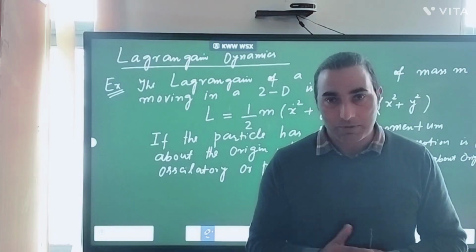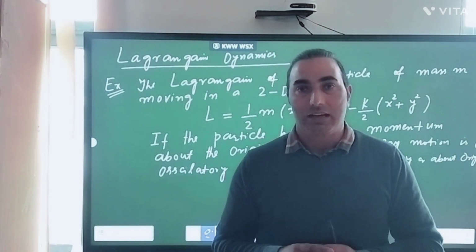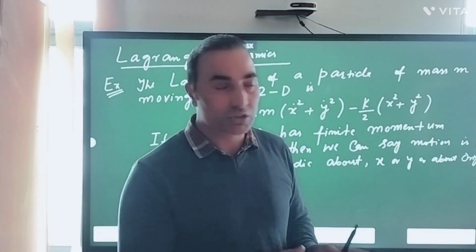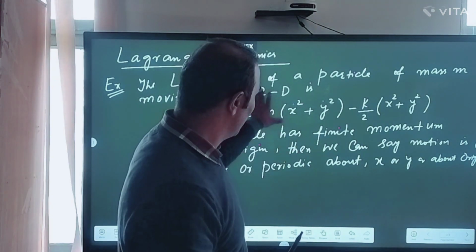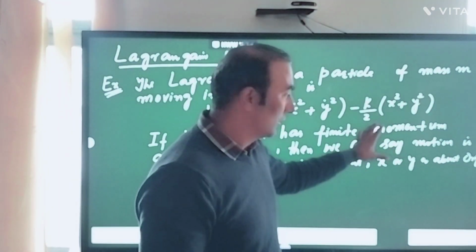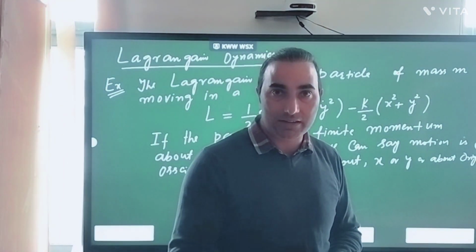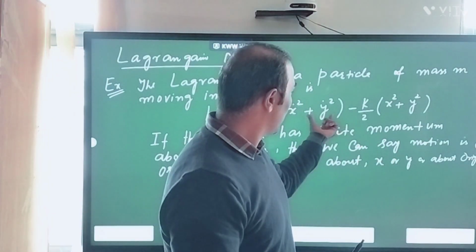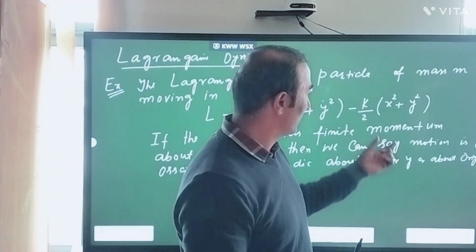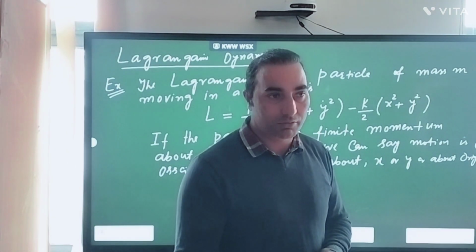तो उसके लिए हमें क्या, we can use the equation of motion, we can solve for this Lagrangian, because Lagrangian हमारे पास है. So equation of motion हम लिख सकते हैं, that is d by dt of the derivative of this and then partial L with respect to what, right?